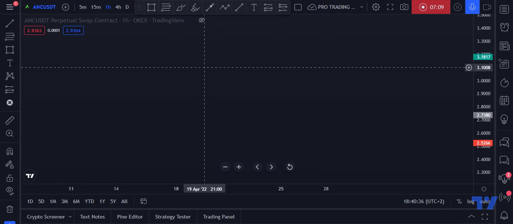Okay, so right now we want to talk about a downtrending market structure. When this coin is trending down, what are we looking for?